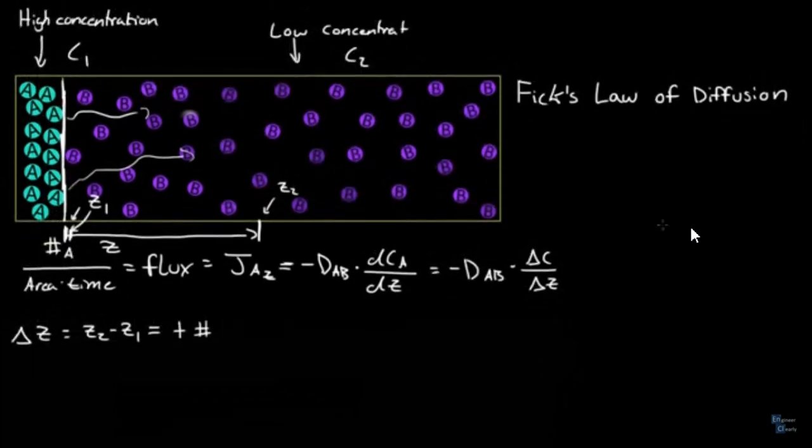So then what is delta C? Well, delta C is just equal to C2 minus C1. And this is a high concentration or a large concentration. So the delta C is actually going to be a negative number. And that's actually why there's a negative right here.